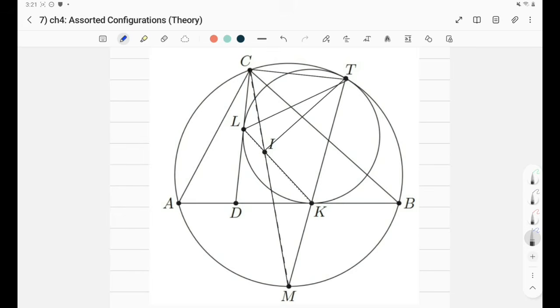For example, we can choose to prove this one is equal to that one. Why did I pick these? Of course, you can try others, but I picked these for a reason. This one here is the same as this arc TK, and this one is also the arc, the big one. So if I can show that these two have the same measurement, then we'll be done.